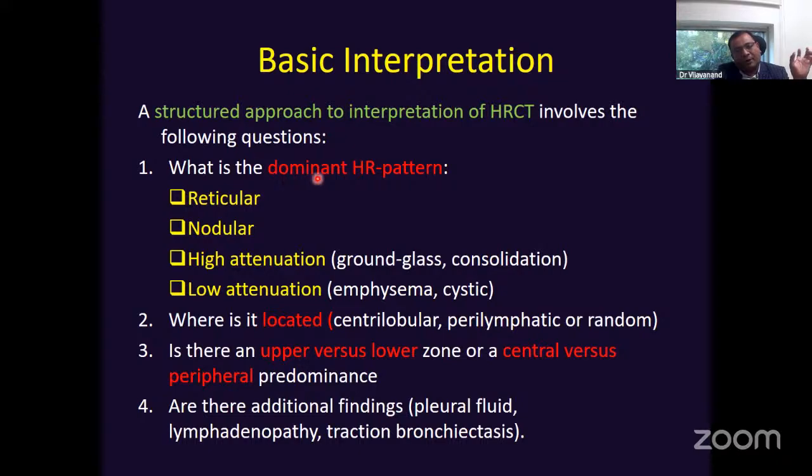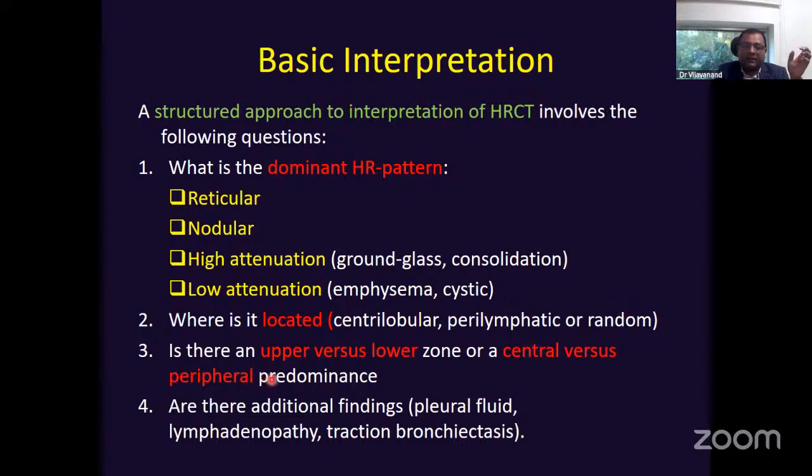What is the dominant HRCT pattern? It can be reticular, nodular, high attenuation, which can be either ground glass or consolidation, or low attenuation, like emphysema or cysts. Then, where is this pathology located? Whether it is centrilobular, perilymphatic, or randomly distributed.